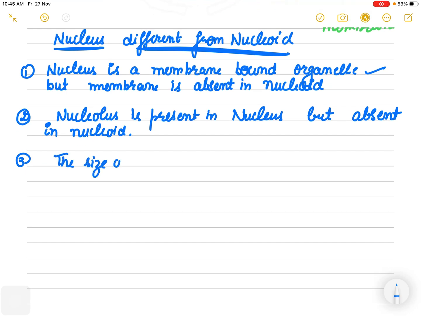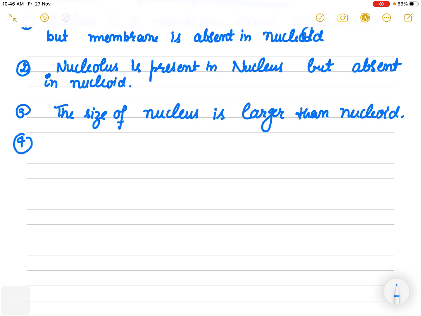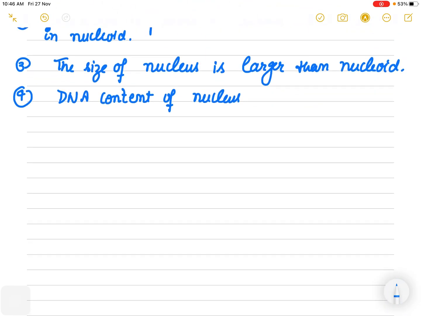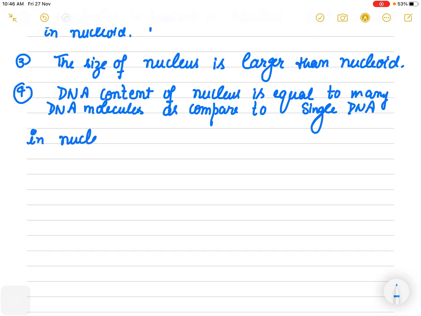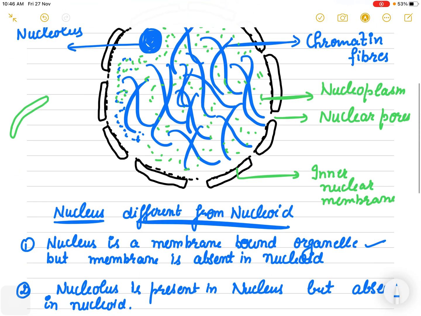If you look at the size, the nucleus is larger than the nucleoid. The size of the nucleus is comparatively a little bigger than the nucleoid. Now the DNA content of the nucleus, the single DNA content in a single nucleus, is equal to many DNA molecules. There are many DNA molecules, so much DNA is here as compared to a single DNA in the nucleoid. It means that these chromatin fibers are equal to many DNA molecules.